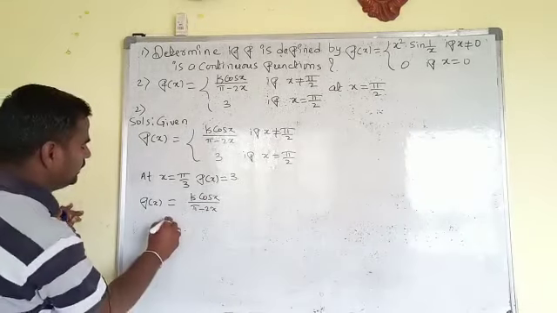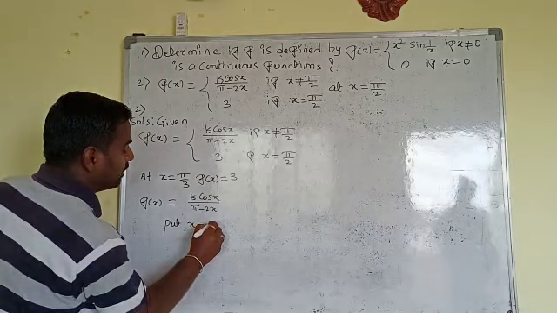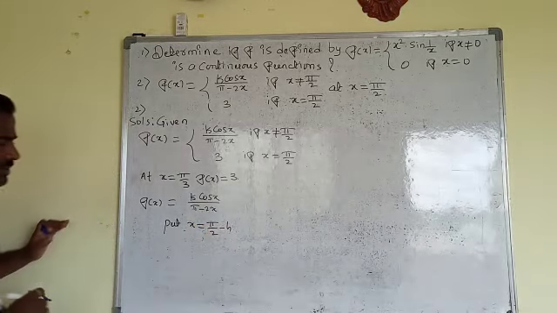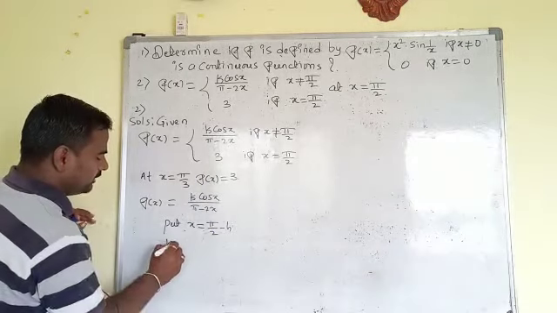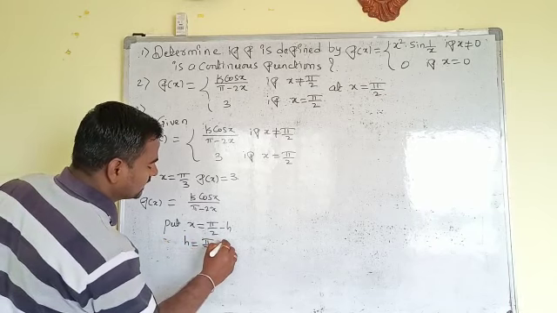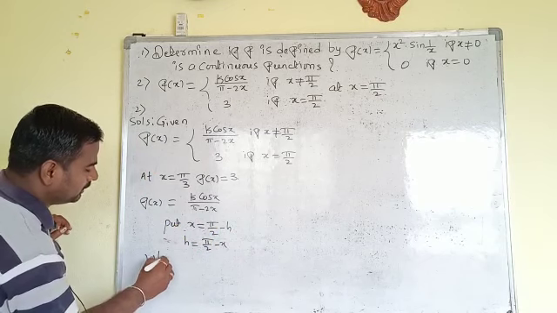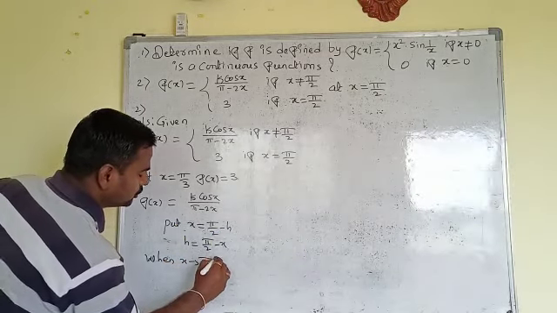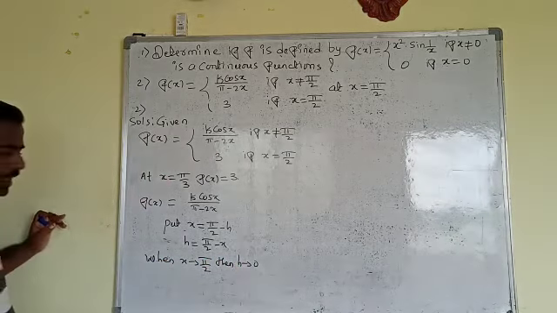So put here x is equal to pi by 2 minus h. When you take h is equal to pi by 2 minus x, only this changes. When x tends to pi by 2, then h tends to 0.